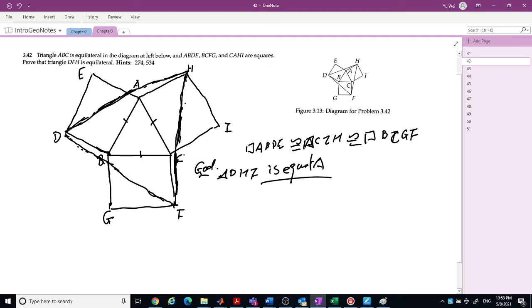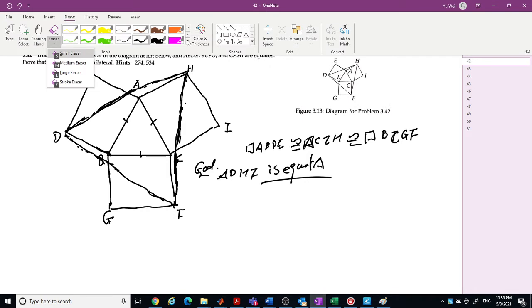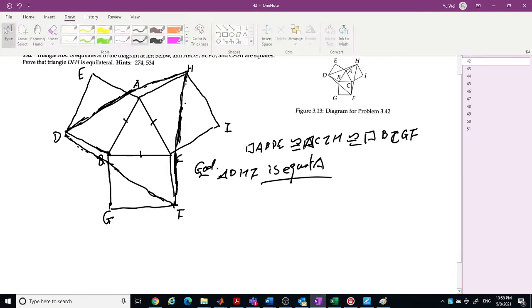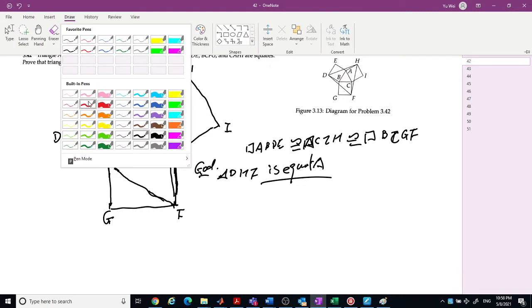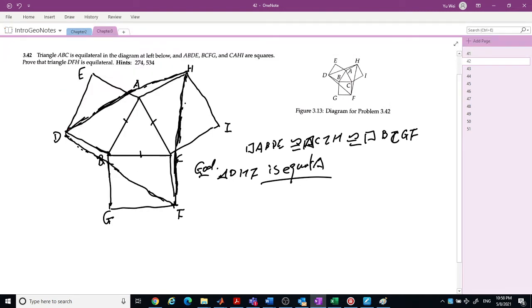Let me connect some lines, and I will explain why I connect all these lines. These are the auxiliary lines.